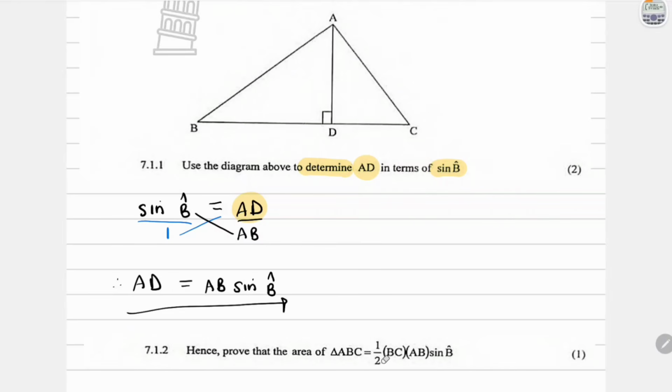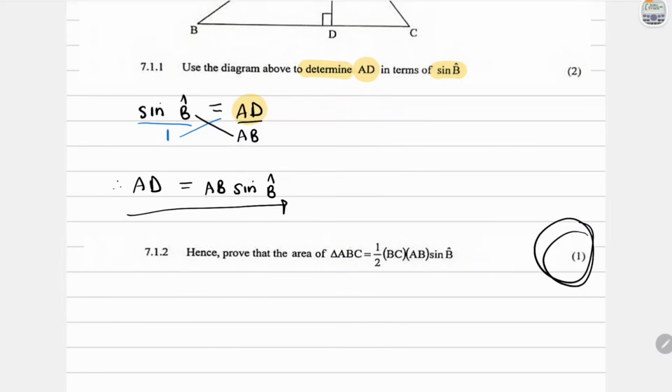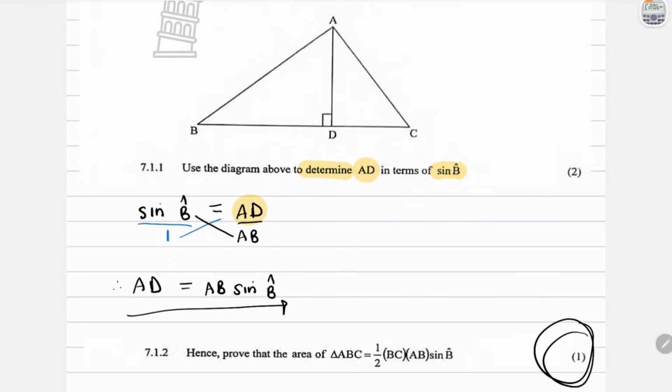If you look at that, it's a half times BC, which is this side, times AB, that side, and the sine of the center angle. But they say prove though. If it's only for 1 mark, there's no way they want us to use the area rule. Because if you're using the area rule, then this is it. No, there's nothing to prove. So let me think about this.